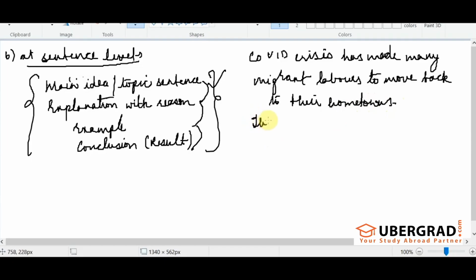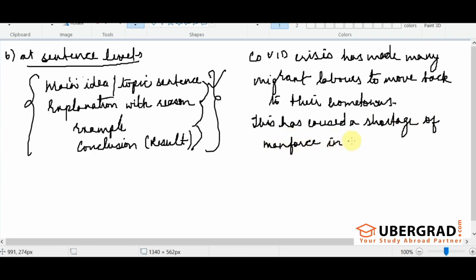This has caused a shortage of manpower in the market. Okay. COVID crisis has made many migrant laborers to move back to their hometowns. This has caused a shortage of manpower in the market.